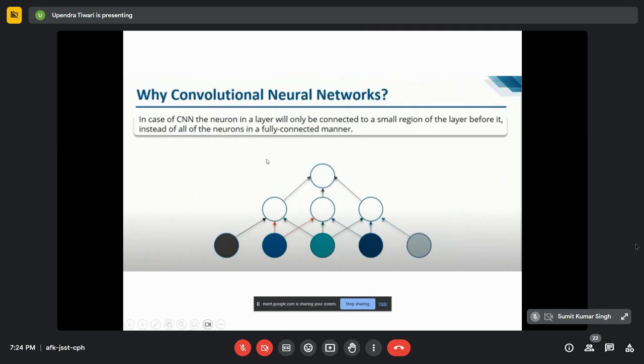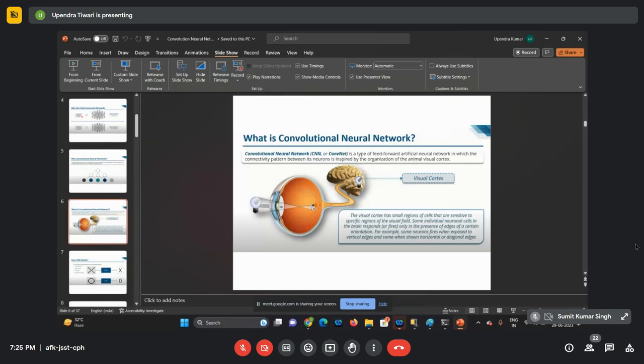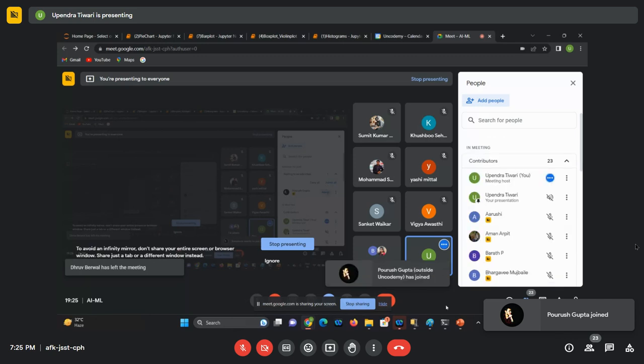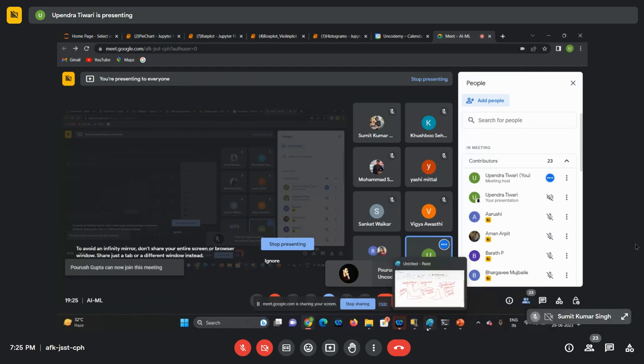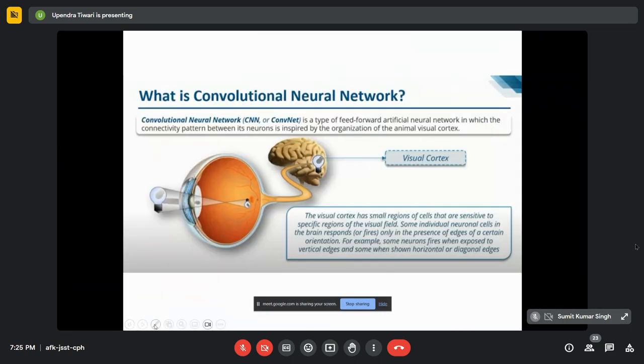And what this convolution neural network says is, for example, please consider this brain. Just to visualize any object, there is a visual cortex in your brain.